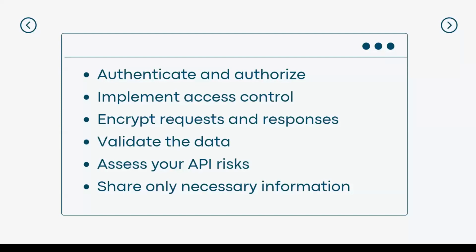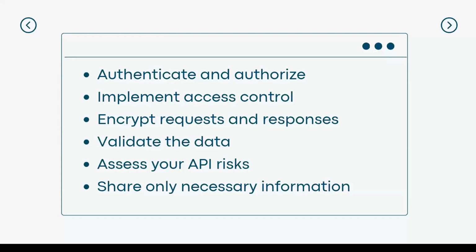Is it exposing too much data about your users? Does it allow users to perform functions they shouldn't, or access resources they shouldn't? Assessing API security is going to help you understand the threat landscape and take proactive measures to mitigate risks.